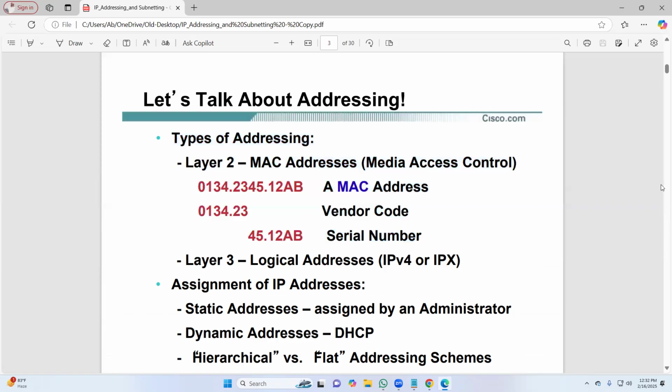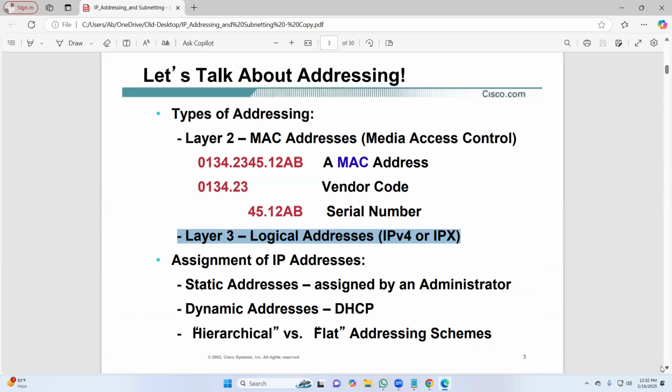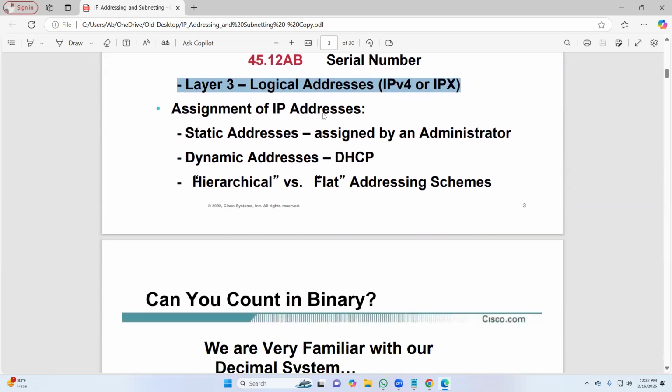But mostly the layer 3 logical address is IPv4. This is a very sensitive and big topic. We are talking about the assignment of IP addresses, and there are two types of assigning IP addresses. One is static and one is dynamic. Dynamic is automatically assigned.